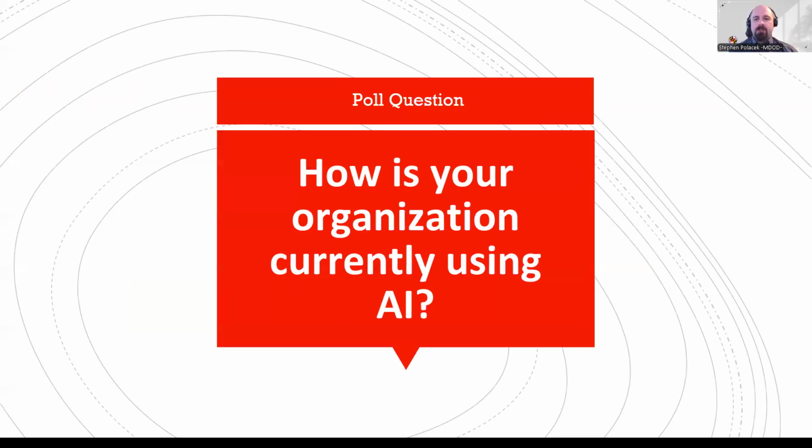Now, before we get started, I want to run a poll quick to see how people are using AI currently at their organization. So I'll give a couple minutes for us to answer this. Ultimately, you can select any of these options. Really, this is just to get a sense of what people are using AI for, how I can maybe talk to some of those points, and to help out in that regard.